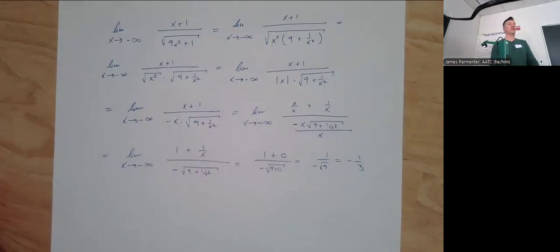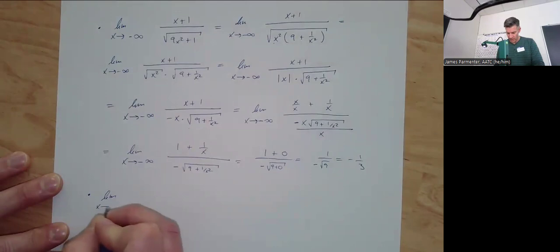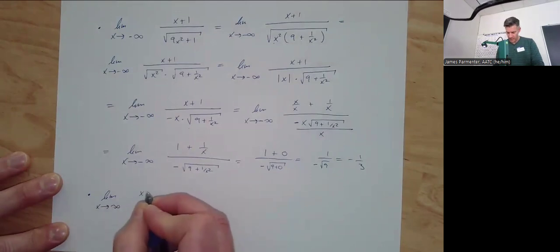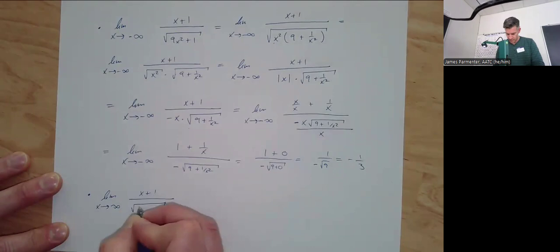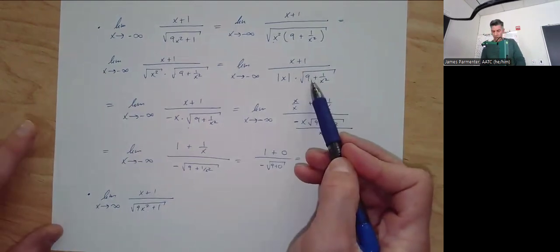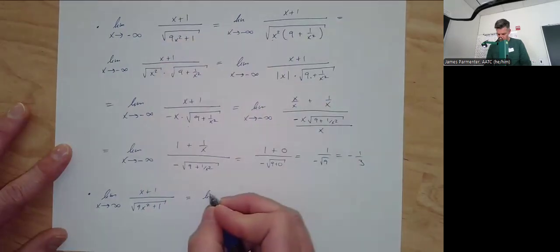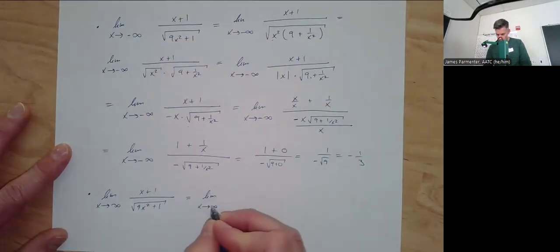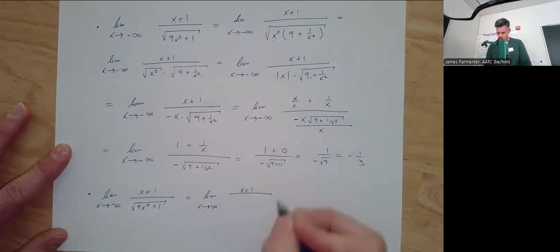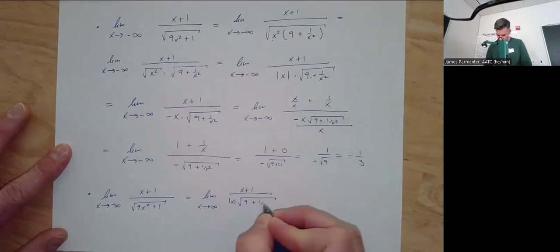Okay, what about the limit as x goes to positive infinity? Well, we're not going to show as much work because we don't need to. If we take the limit as x goes to infinity of the same function, x plus 1 over the square root of 9x squared plus 1, all the steps are the same up until we get to right here. So I'm just going to skip ahead and say it's the limit as x goes to infinity of x plus 1 over the absolute value of x times the square root of 9 plus 1 over x squared.